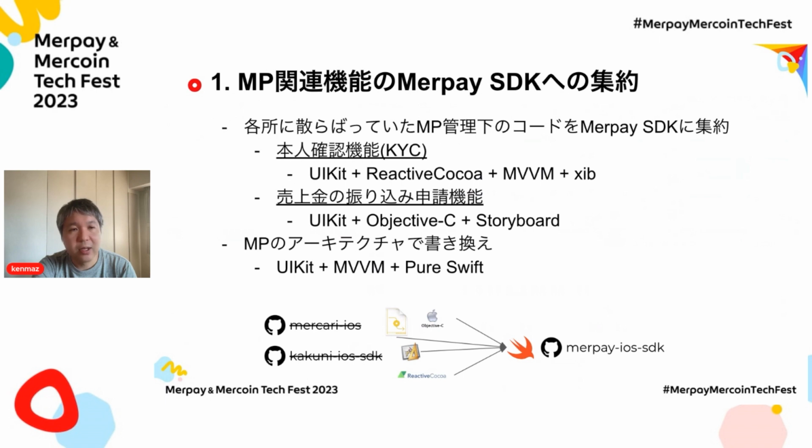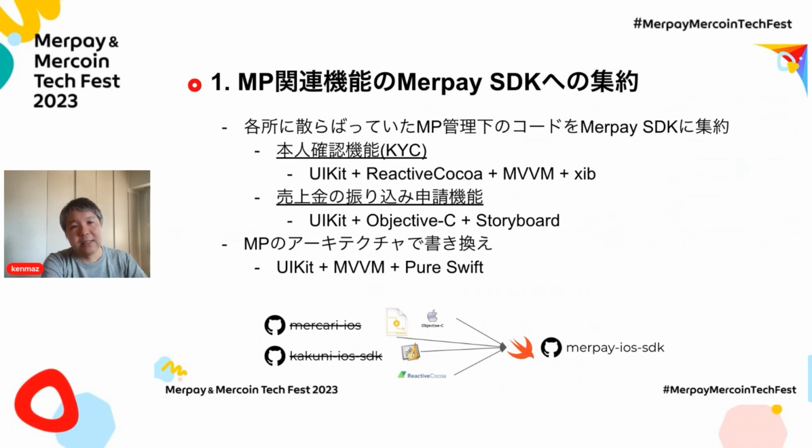One of the first preparatory steps is the consolidation of Merpay-related functions into the SDK. I mentioned earlier that the Merpay SDK contains all the necessary functions of Merpay, but in fact, some of the functions are implemented directly on the Mercari side.